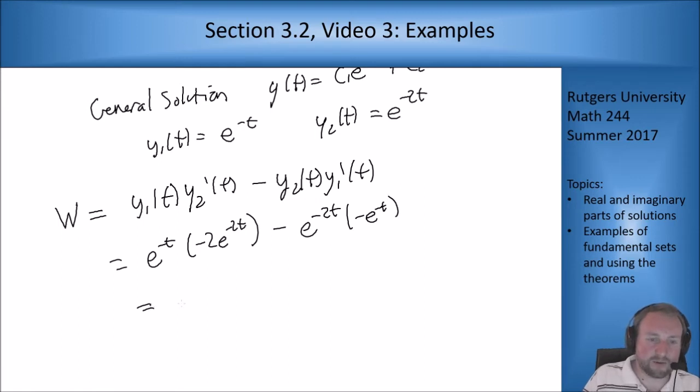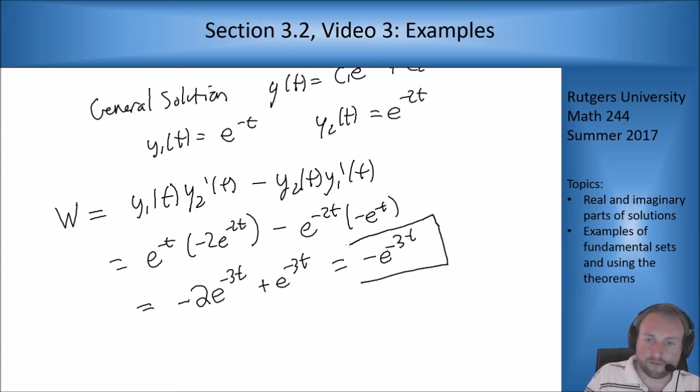Multiplying through, this gives me a minus 2 e to the minus 3t plus an e to the minus 3t, which gives me a minus e to the minus 3t. And what do we know about this function? This function is never 0, ever.